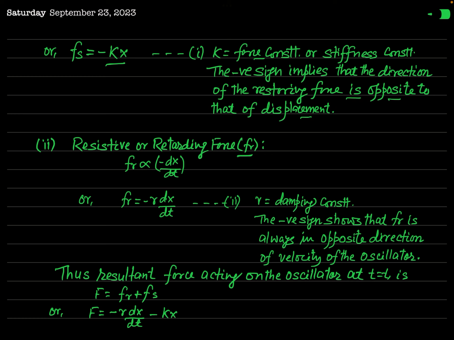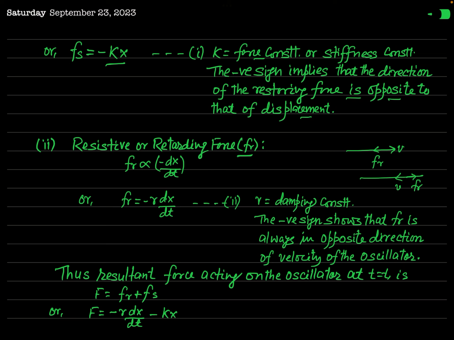So when the oscillator moves away from the equilibrium position, let us say in this direction, velocity is in this direction, then this force will act just opposite to it. That is, if the velocity is in the rightward direction, this force will be directed to the leftward direction. But when our oscillator is moving in the leftward direction, then this force will act in the rightward direction. So Fr always opposes the relative velocity of the oscillator.